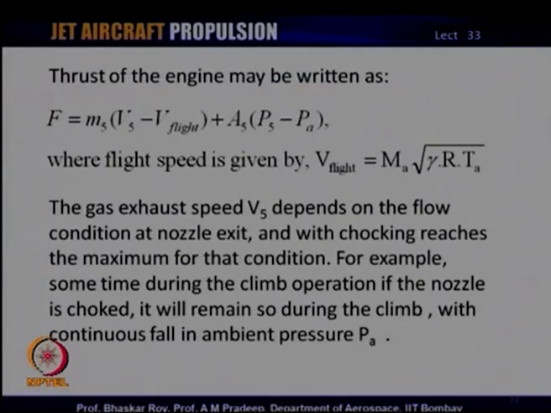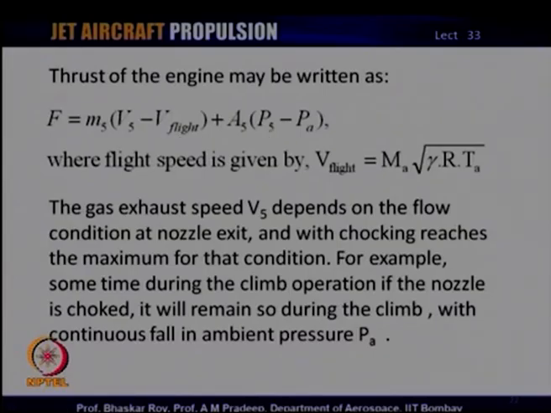The thrust of an engine can now indeed be written down in terms of the simple thrust equation that we have done earlier in the course, in terms of the mass flow through the engine and the exit velocity, which is written here as V5, and the difference of that with the flight velocity of the aircraft.